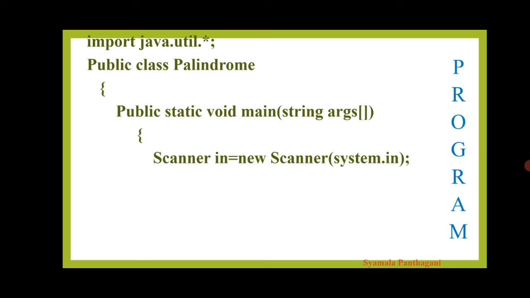Here we are creating an object in for the class Scanner to run the input and output functions in the Scanner class. Next one is int n, m, d, sum = 0.